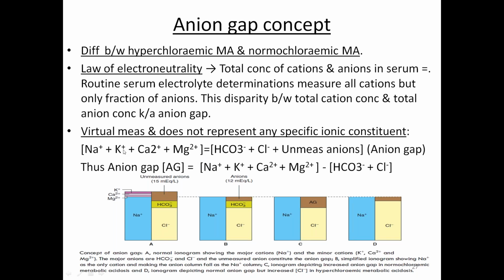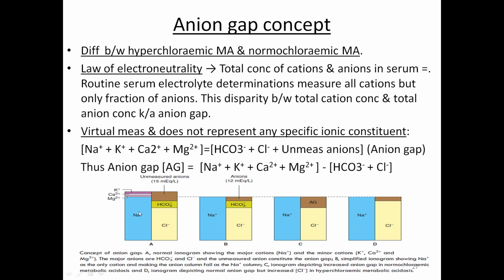As per your law of electroneutrality, the total concentration of cations and anions in serum is equal. So the concentration of these cations should be equal to the sum of bicarb, chloride plus any unmeasured anions. So anion gap would be the concentration of cations minus the concentration of anions, right?